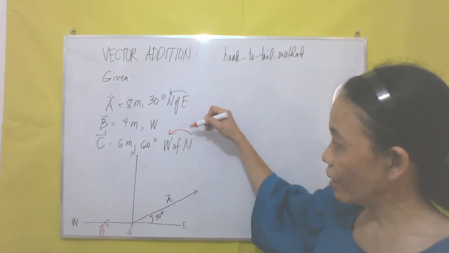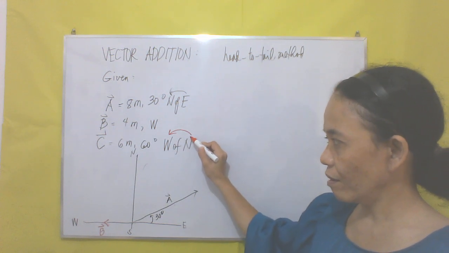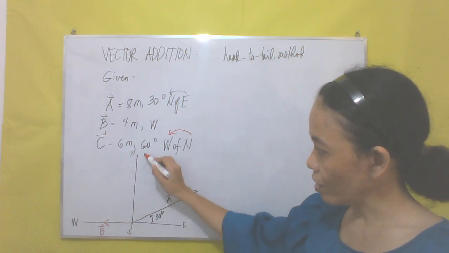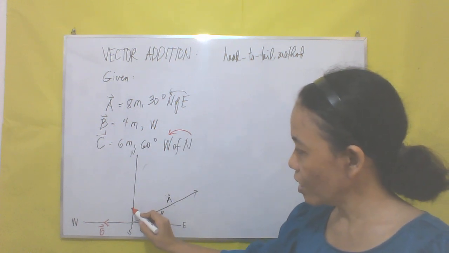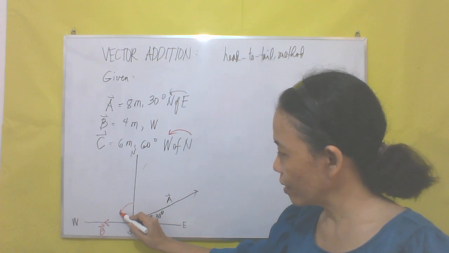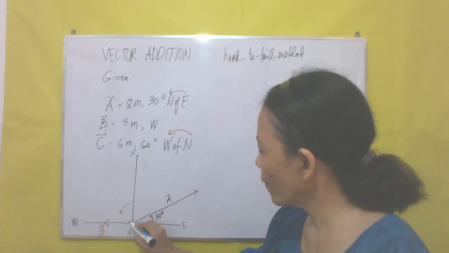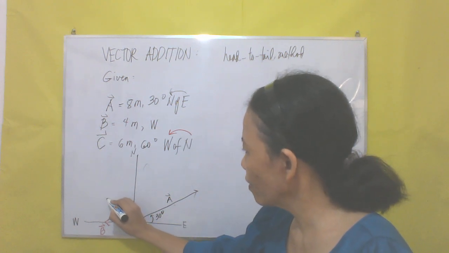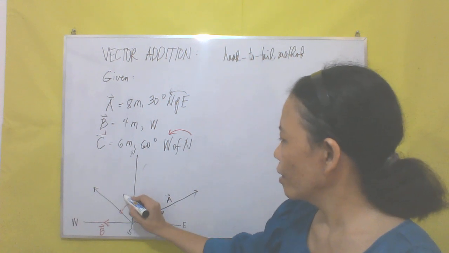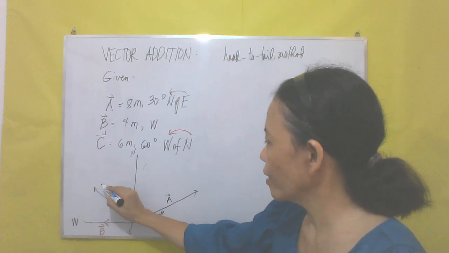Again, the reference angle 60 starts from north and it points west. So this is north, and 60 is somewhere here. This is 60 degrees, vector C.